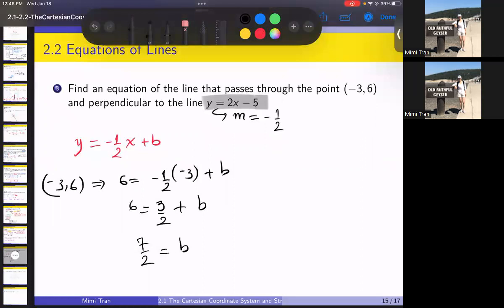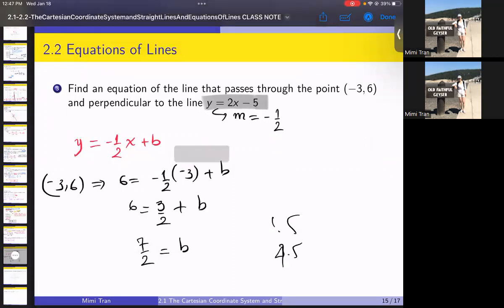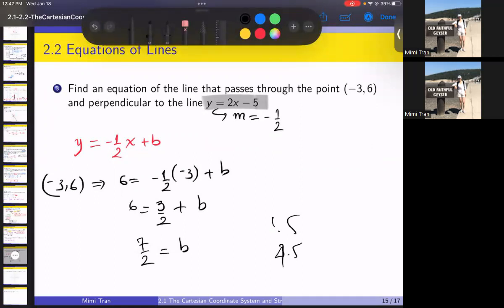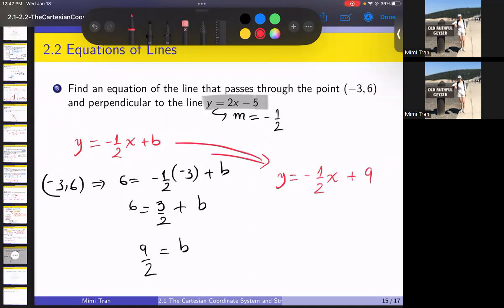Oh, did I do something wrong? 1.5 and 3.5, that's only 5. That should be 4.5, right? Sorry. Yeah, it should be 4.5. So 9/2. Use your calculator. So my final equation will be y equals -1/2 x plus 9/2.